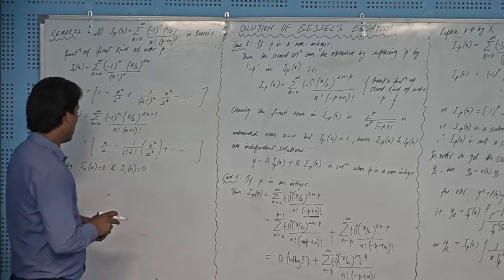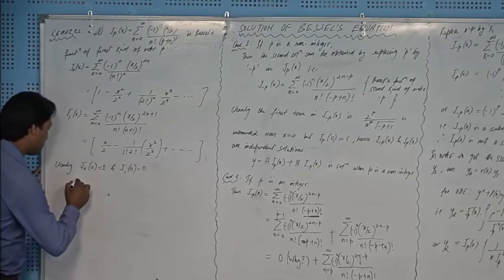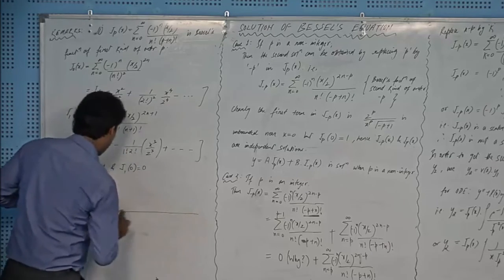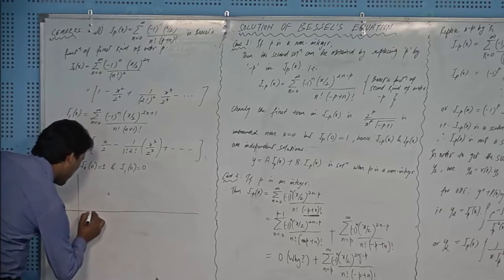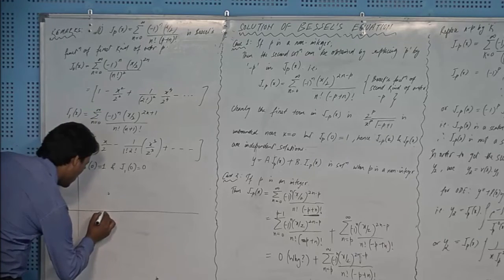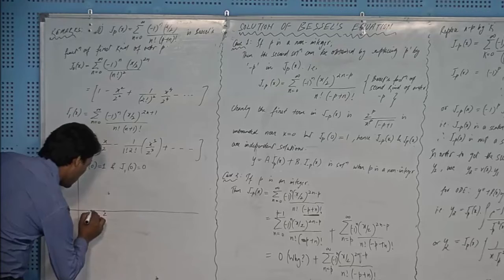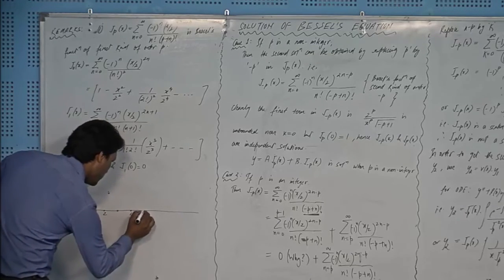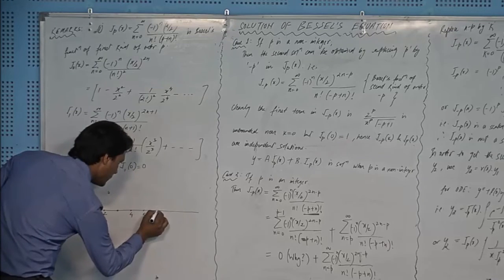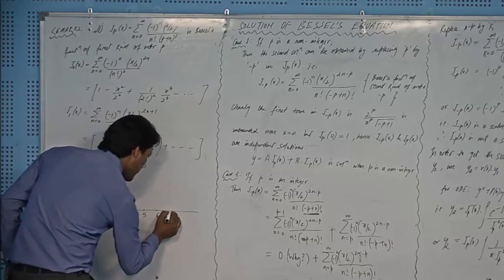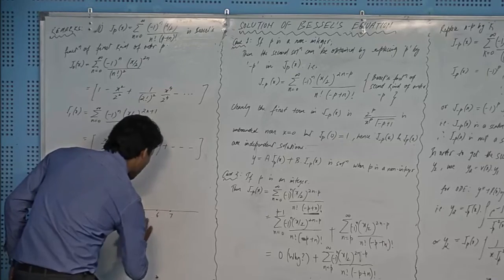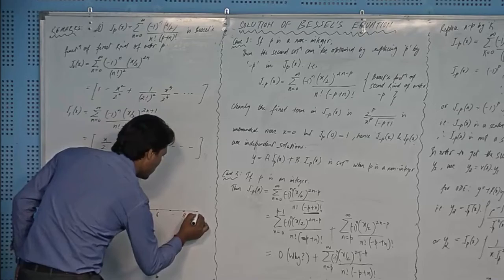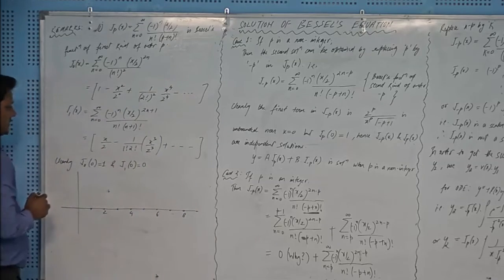So I will try to graph them, and the graph is like this. This is 1, 2, 3, 4, 5, 6, 7, 8 and so on. This is the x-axis.